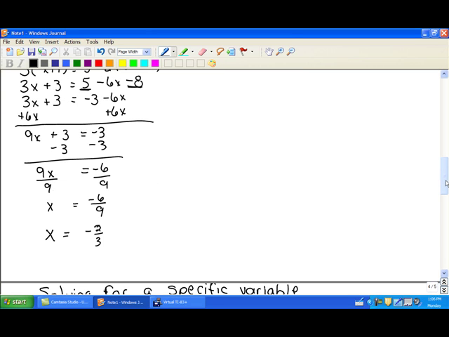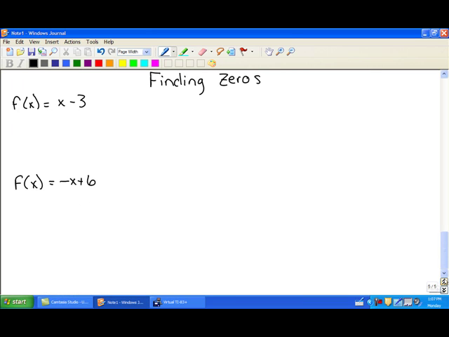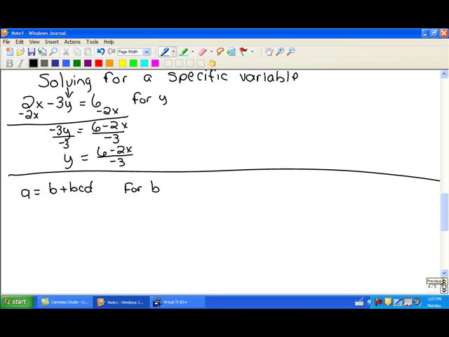One last example on that. If we have the equation of A equals B plus BCD, and we're solving for B, we want to get the B by itself. Notice we have two terms with the B in it that we cannot combine because they're not like terms. So at this point, you're going to have to factor the B out of the right-hand side.